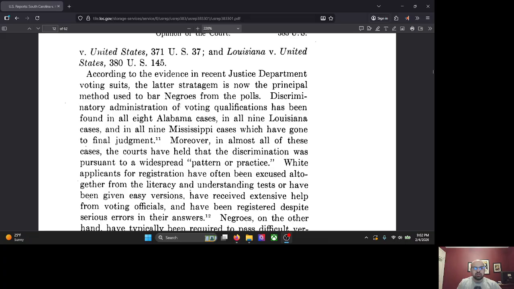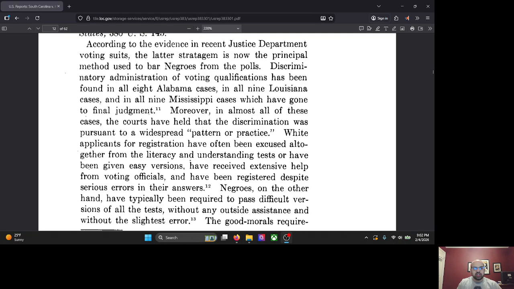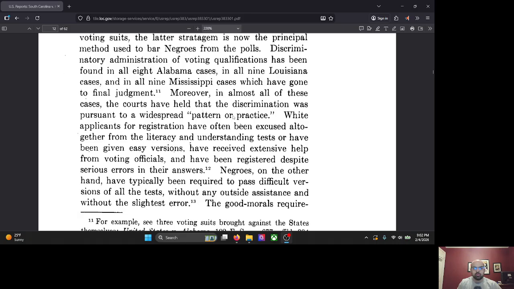Discriminatory administration of voting qualifications has been found in all 8 Alabama cases, and in all 9 Louisiana cases, and in all 9 Mississippi cases, which have gone to final judgment. Moreover, in almost all of these cases, the court has held that the discrimination was pursuant to a widespread pattern or practice.